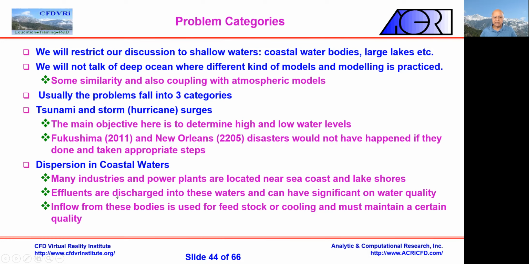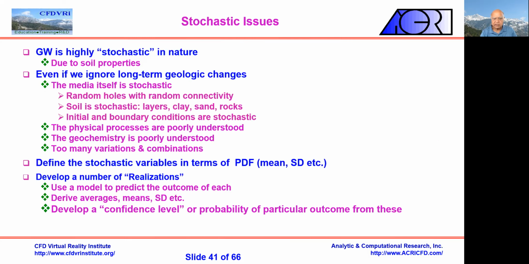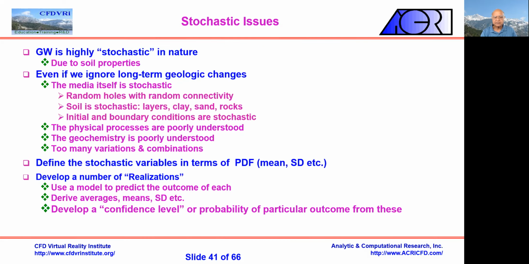Every nuclear power plant discharges hot water, and there may be other plants discharging chemicals into it. So all these get in the water. Industry uses all kinds of things, and they use the water for cleaning, for feedstock and all that, and dirty water is thrown back into the water body. So inflow from these water bodies can cause a big problem for us.